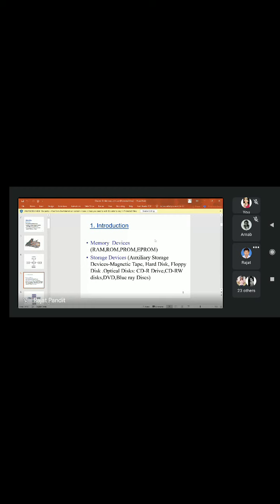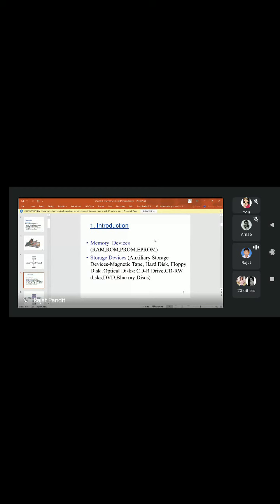Okay, so there are two types of main memory, that is RAM and ROM. RAM is basically random access memory, and ROM is basically read-only memory, where you can just read the information, but you cannot write. And RAM is random access memory, you can access it randomly.